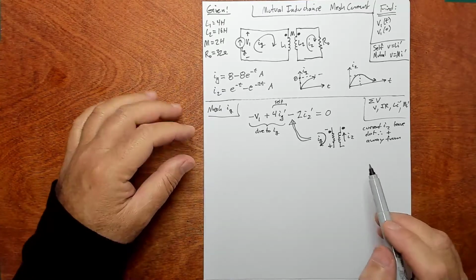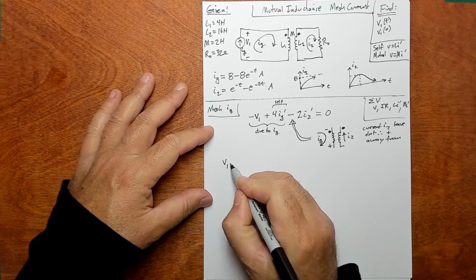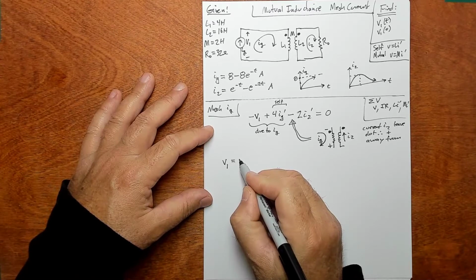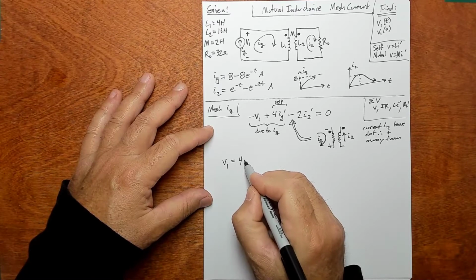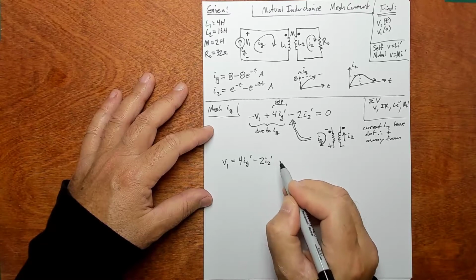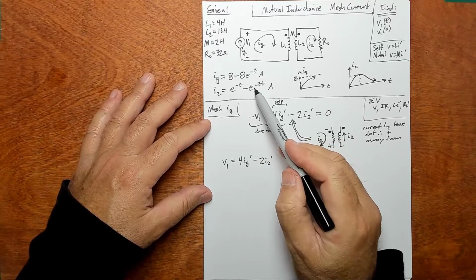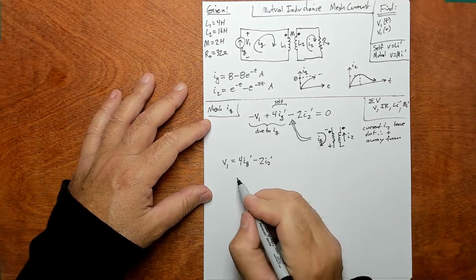Turns out that's enough to get our answer. So we could solve this for V1. It's going to be 4Ig prime minus 2I2 prime, and we were given Ig and I2. So all we need to do is take the derivative of these two things and plug it in, and we've got an expression for v of t.